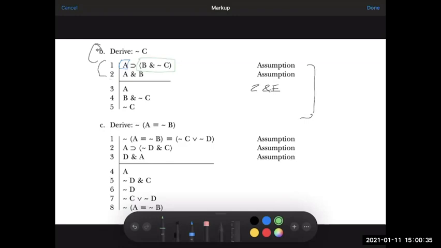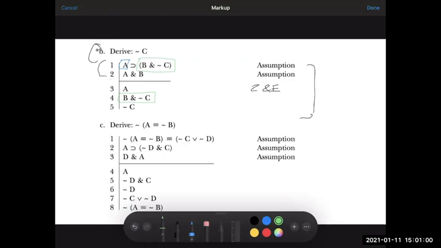So if we're working here with a conditional, you can clearly see that the consequent of that conditional appears again in line 4. In fact, that's the line we're trying to justify right now. So if you are working with a conditional, you can only really use conditional introduction or conditional elimination.